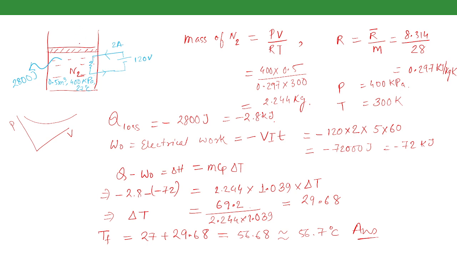This increase in volume will cause a decrease in pressure of about 1 kilopascal. So at any small instant of time, although the pressure is increasing, due to the simultaneous expansion of the gas, the pressure will again simultaneously decrease, resulting in a constant pressure process.